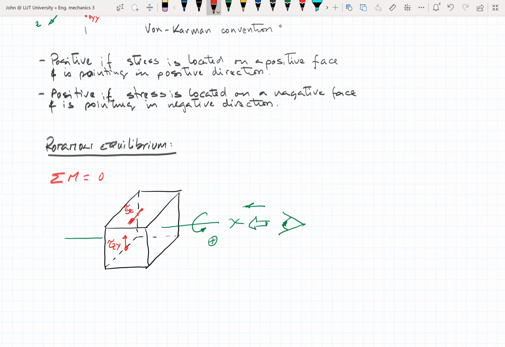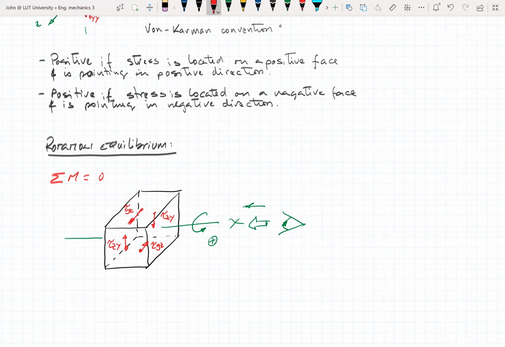In this negative face in the back, I will have shear stress tau zy. And in the bottom face, I will have tau yz. These are the only stresses caused by forces that make the cube rotate around the x-axis.